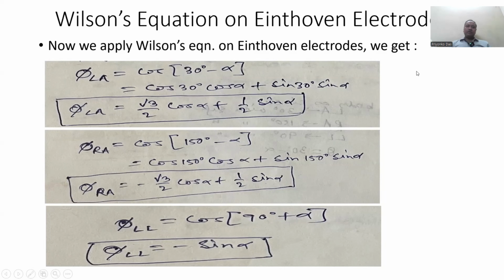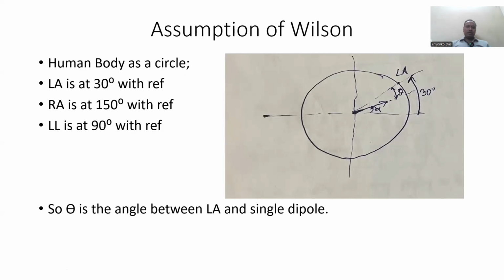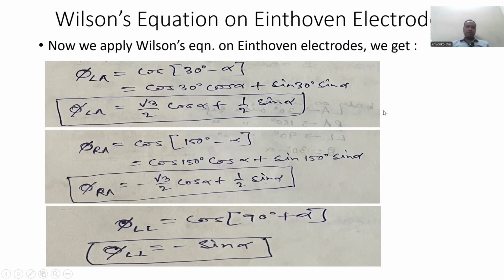We apply Wilson's equation on Einthoven electrodes. We get phi LA is equal to cos theta. We have shown over here that theta is equal to 30 minus alpha. So that particular value I have written here.